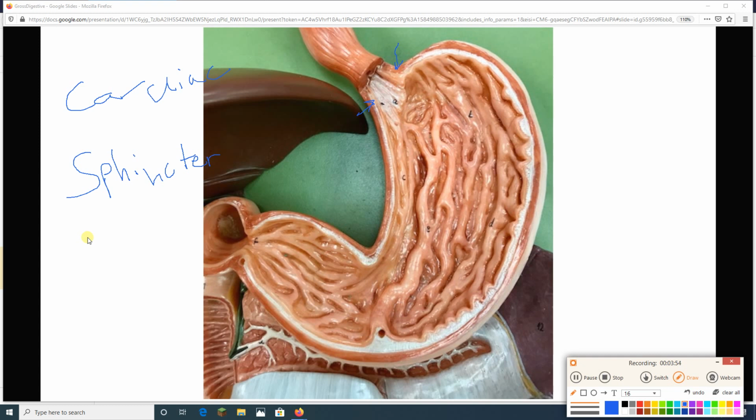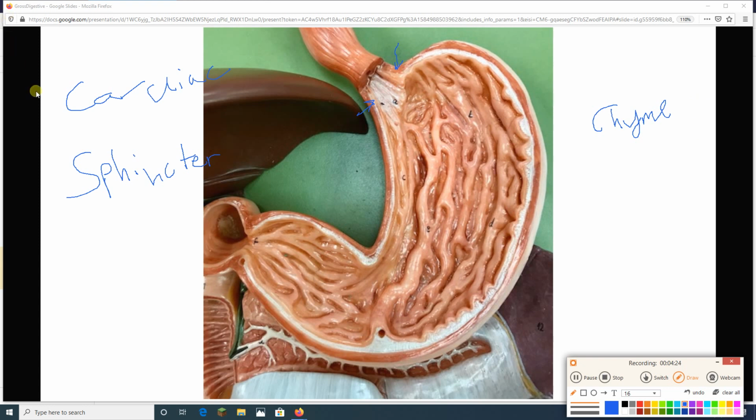We don't want that mixture of acid and food, which, by the way, is called chyme, to backflow into the esophagus, and we prevent that by having the cardiac sphincter. It is also called the gastroesophageal sphincter, but that would take me too long to write.